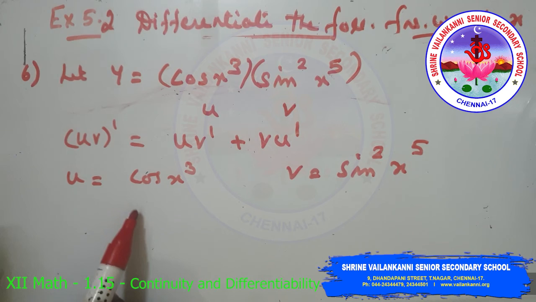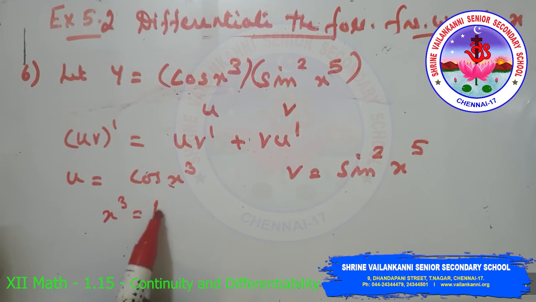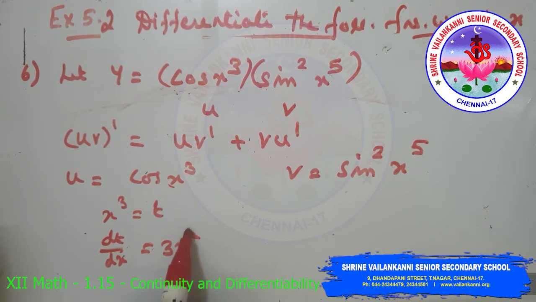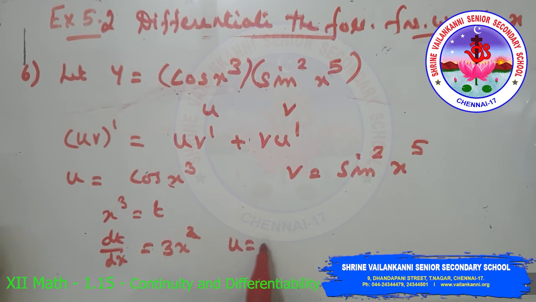So we can directly differentiate this, otherwise we can take x cube as t. So differentiating this, dt by dx is equal to 3 into x square. So u equal to cos of t. Differentiating this with respect to t, we get minus of sin t.